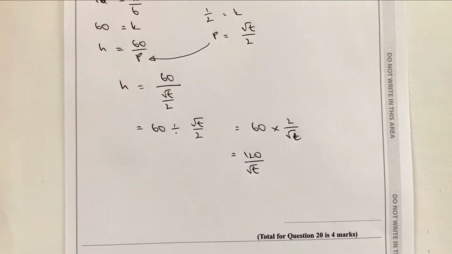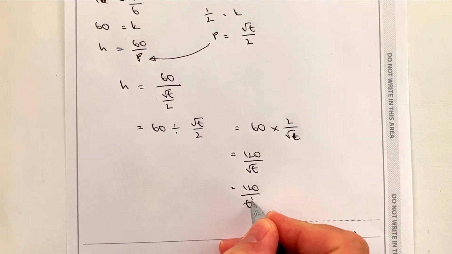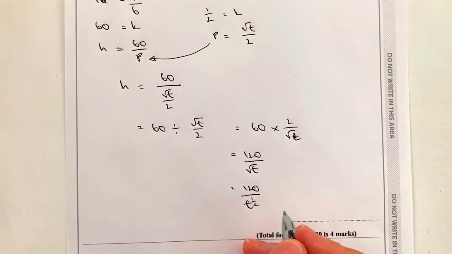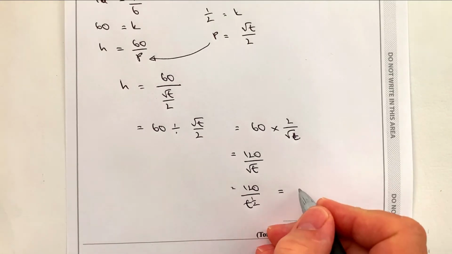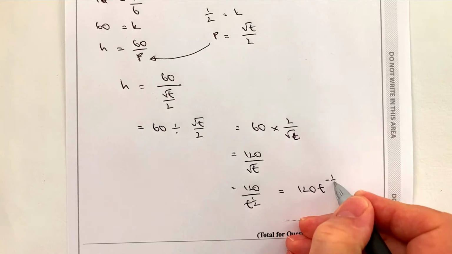I have seen the mark scheme on this particular question paper, and there are a couple of variations on this, because root t is the same as saying t to the power of 1/2, so that could be written, if you prefer, as equal to 120 t to the power of -1/2.